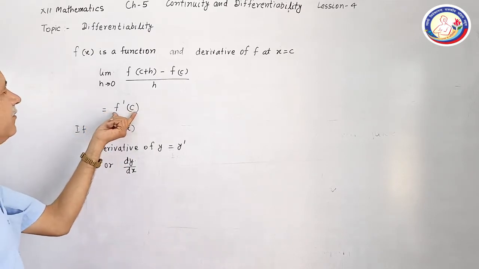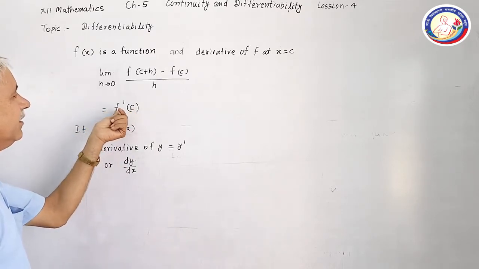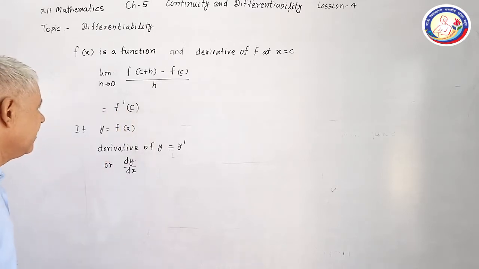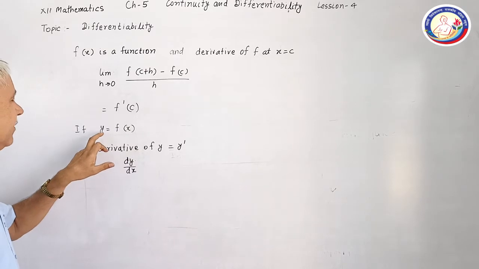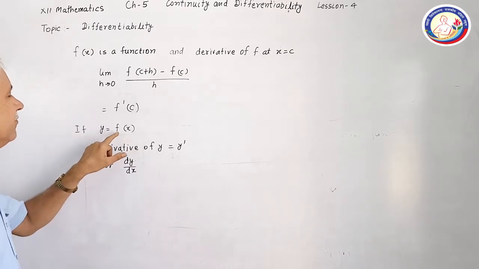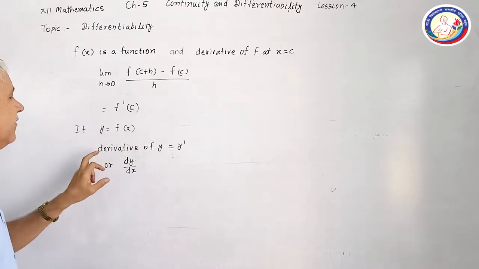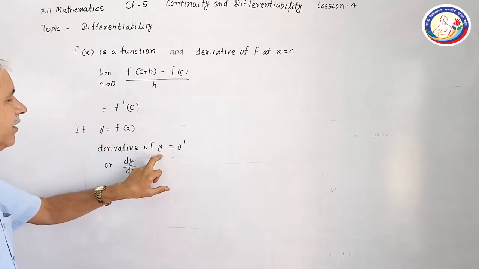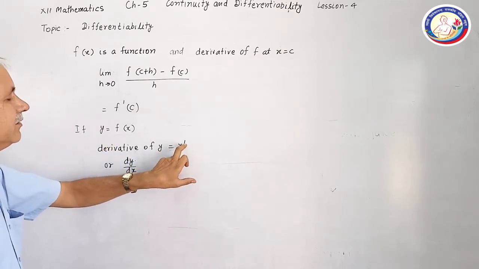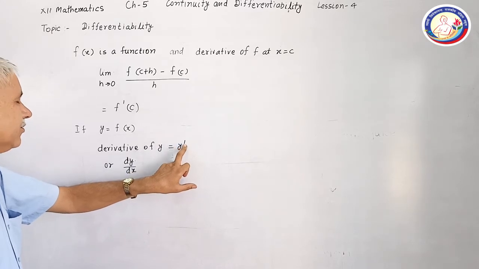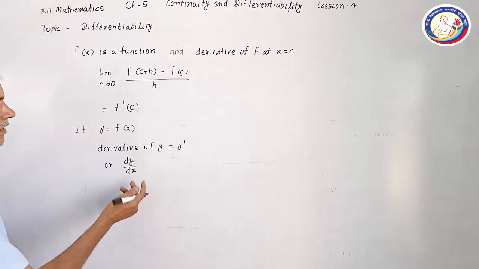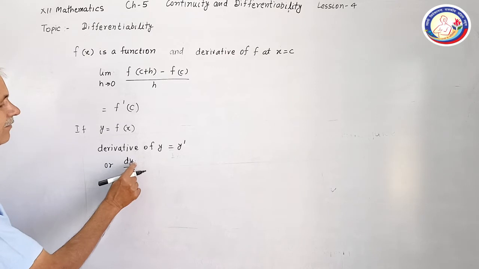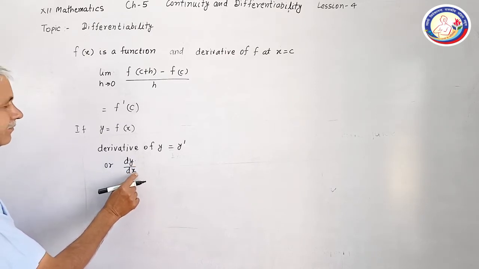This is called the derivative of the function at c. Again, if we denote the function with y, or y equal to f of x, then the derivative of y is denoted by y prime or y dash. It is also denoted by dy by dx, and we read it as the derivative of y with respect to x.